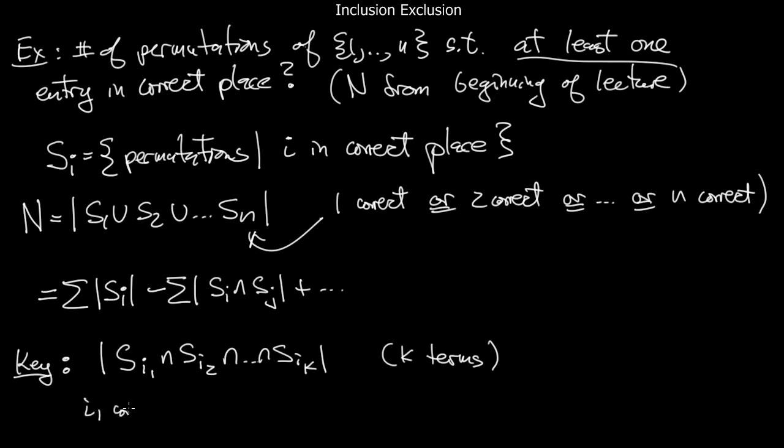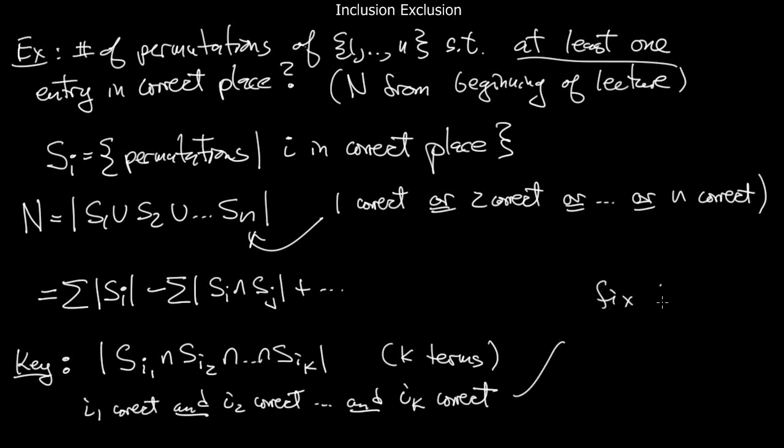Well, this means that i1 is in the correct place and i2 is in the correct place and dot dot dot up to ik is in the correct place. So that is to say, you put these k numbers into their correct places, and the number of such permutations is, well, you're allowed to arbitrarily permute the remaining terms. So you've fixed k, and the order of this intersection is n minus k factorial.